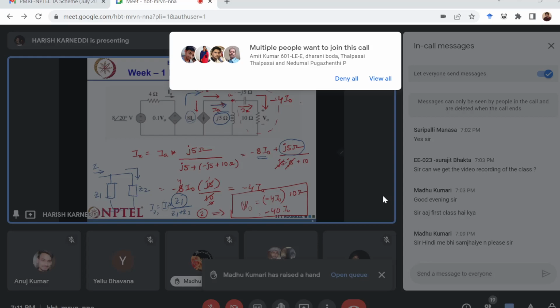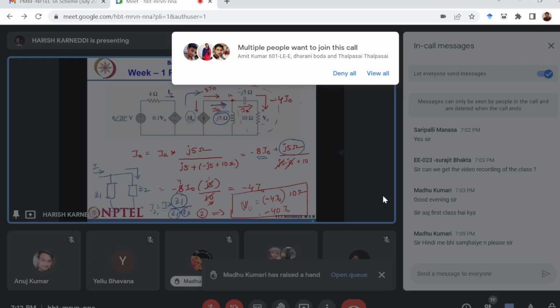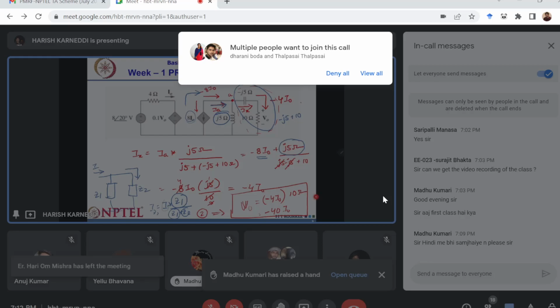The total impedance Z1 plus Z2: these two are connected in series, therefore the total is minus J5 plus 10 ohm.